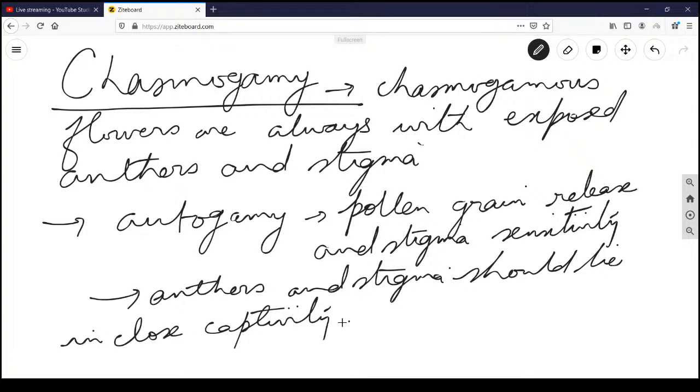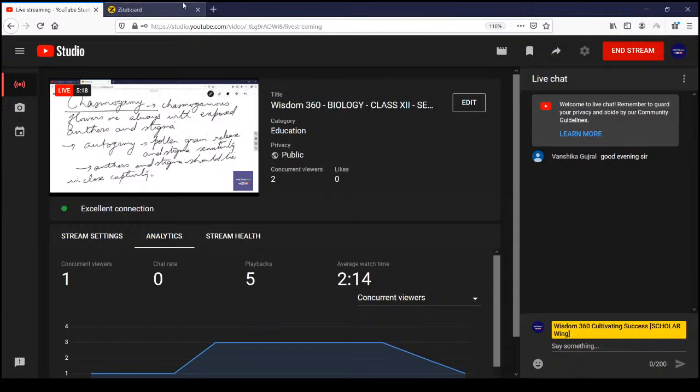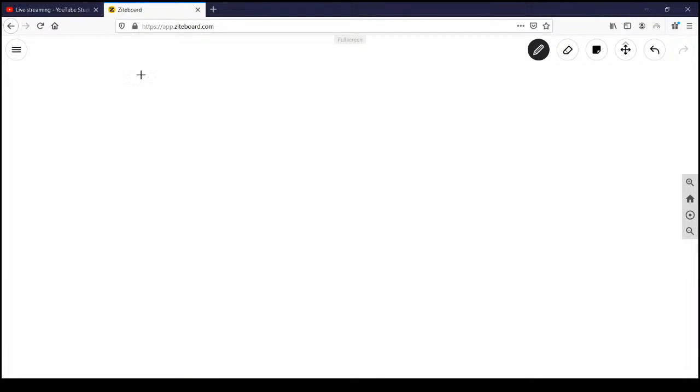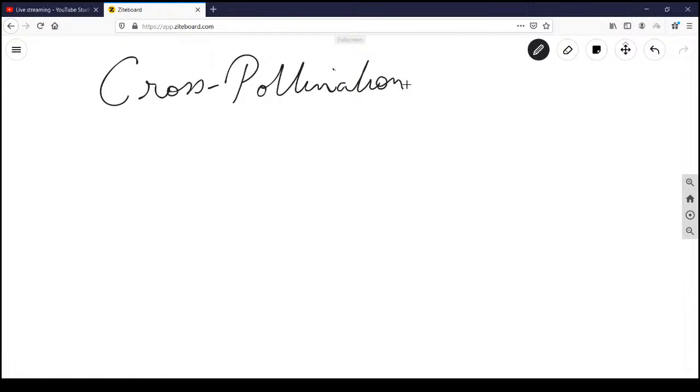Now we'll switch our attention to cross pollination events. Cross pollination I can also call xenogamy, or allogamy.